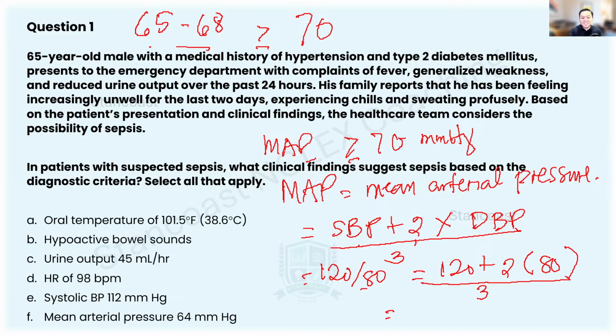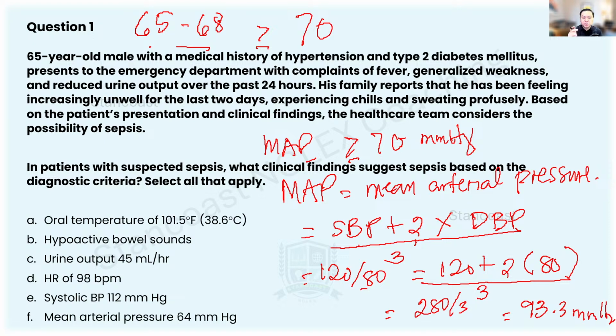So it's now 280 over 3. When you get the quotient, we have 93.3 mmHg. It's a simple calculation, guys.